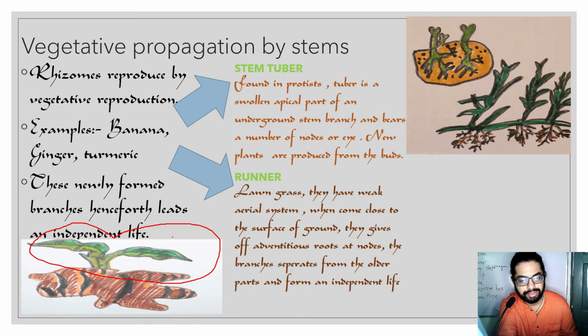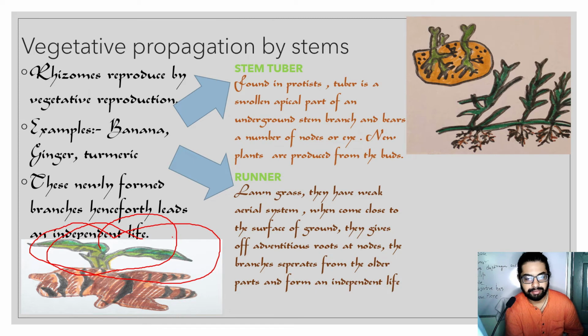So this is vegetative propagation by stems, and it is found in banana, ginger and turmeric. These newly formed branches henceforth lead an independent life. Once the newly formed plantlet gets detached and comes into suitable conditions, it forms an independent life.